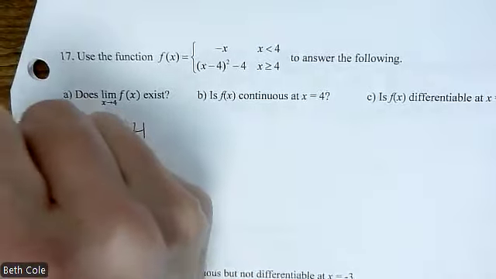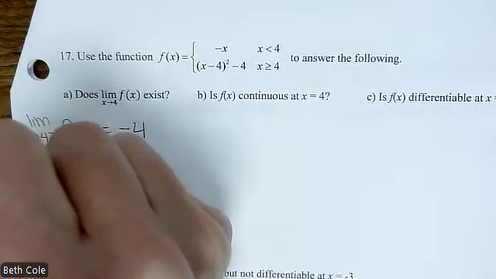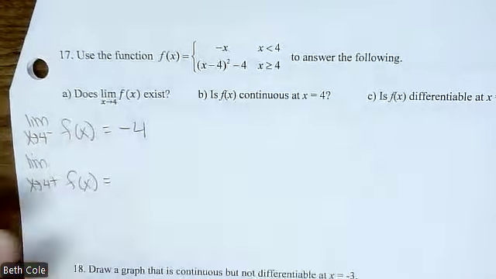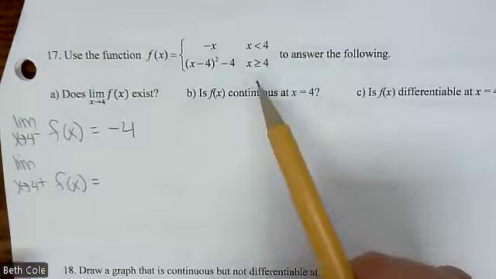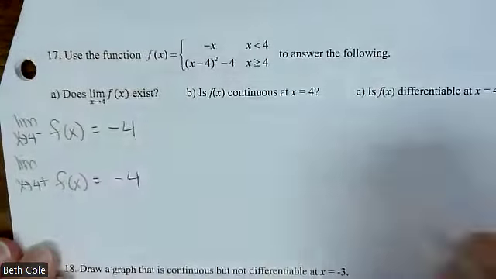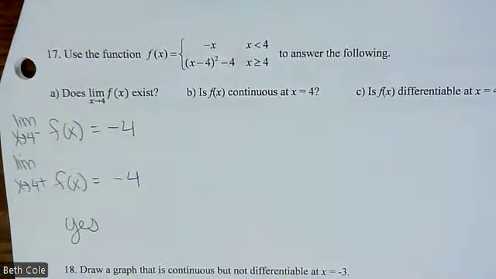Good. And then from the right, you're just going to plug in 4 to the other piece of the function and see what you get. Does it come out to -4? Yeah, okay, cool. So what's the answer? Yes.